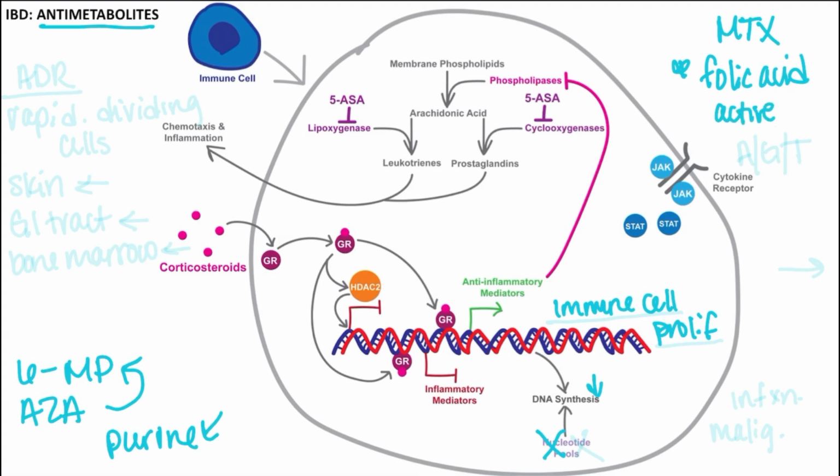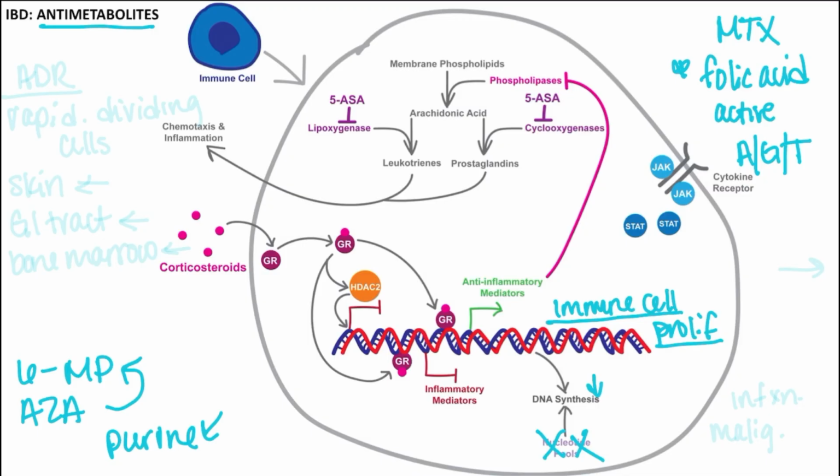And then the active form of folic acid can participate in purine and thiamine synthesis. So methotrexate will inhibit this process, which will similarly lead to depleted nucleotide pools and inhibition of DNA synthesis and inhibition of immune cell proliferation.